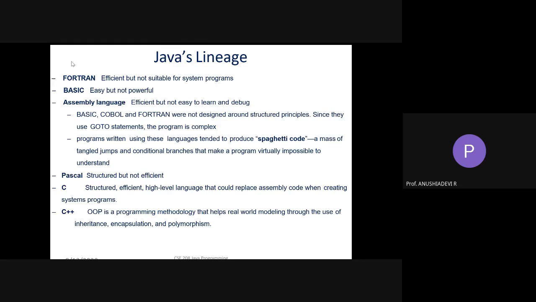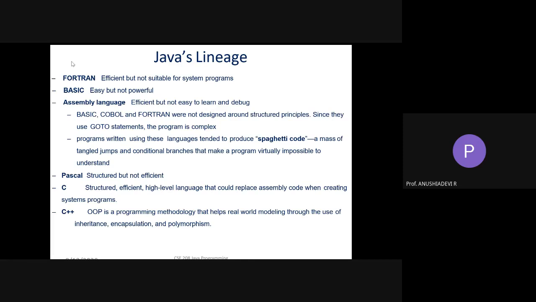Usually before C, if you wanted to develop any system program, you had to use assembly language. But assembly language is very difficult to write and difficult to debug. That's why the high-level language C was introduced. By using C, you can develop your own compiler, or you can develop an OS.